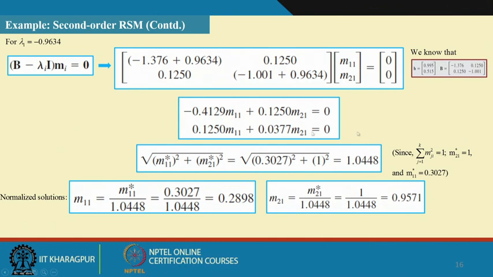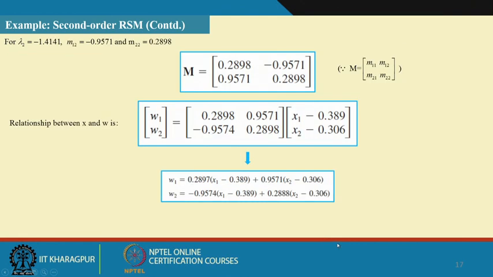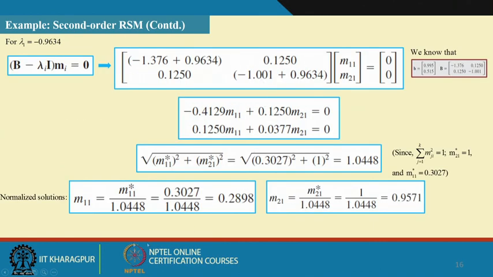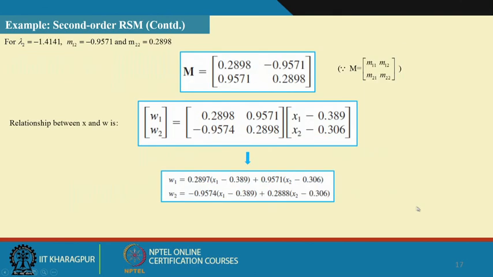Now, with reference to lambda 2, the second eigenvalue, again find out M11 and M21. Then you will ultimately find the M matrix with these values, 2898, 9571, and this is coming from lambda 2.